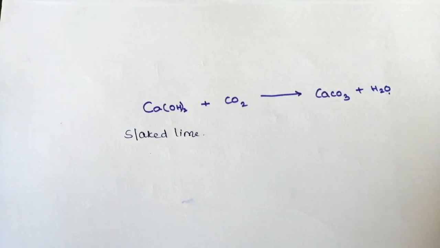As discussed previously, another example of combination reaction is calcium oxide, quicklime, reacting with water to form calcium hydroxide. After that, I told you slaked lime, that is calcium hydroxide, is used for whitewashing the walls.